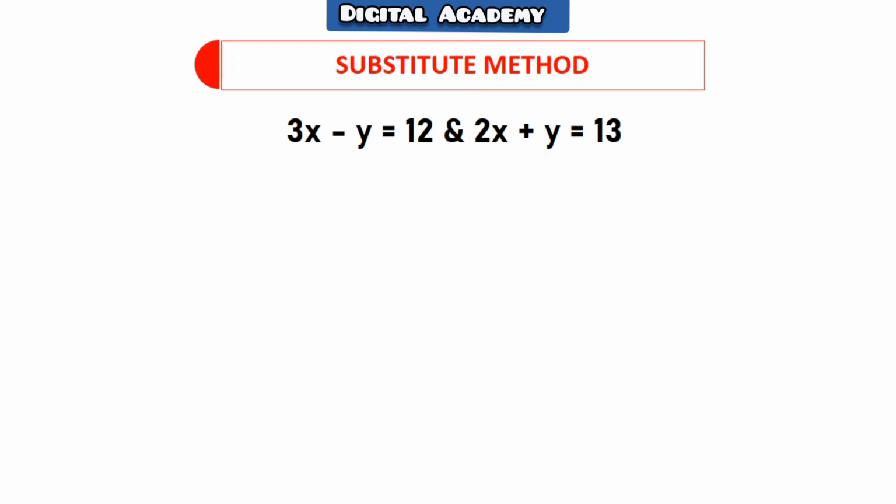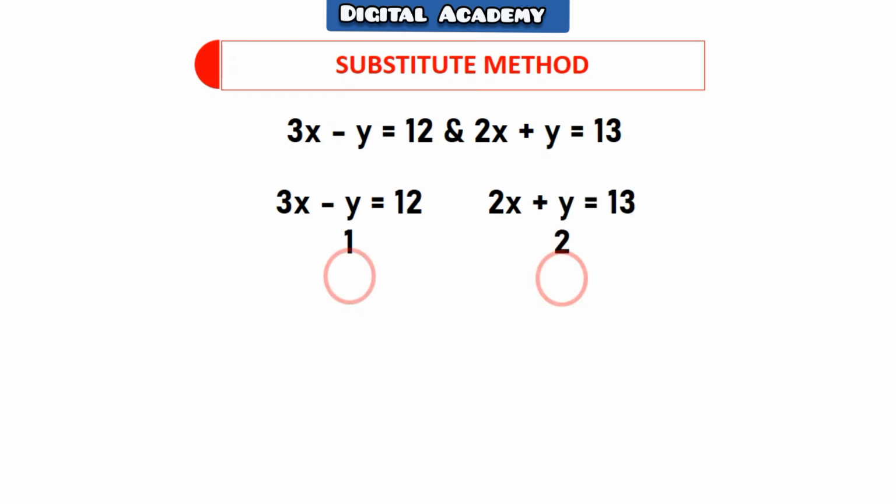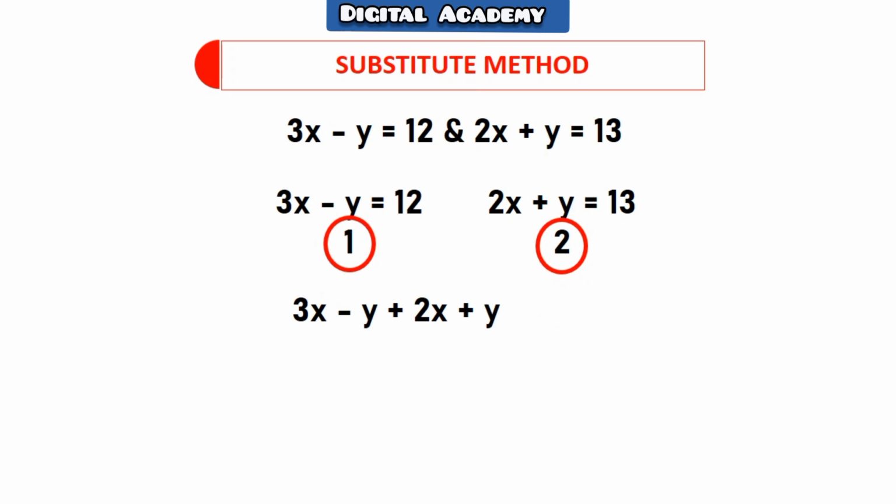Equation 1. 3x minus y equals 12. Equation 2. 2x plus y equals 13. Step 2. Add both equations to eliminate y. 3x minus y plus 2x plus y equals 12 plus 13. We get 5x equals 25.